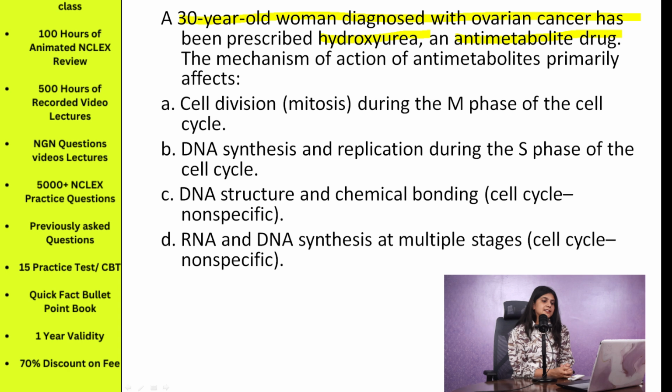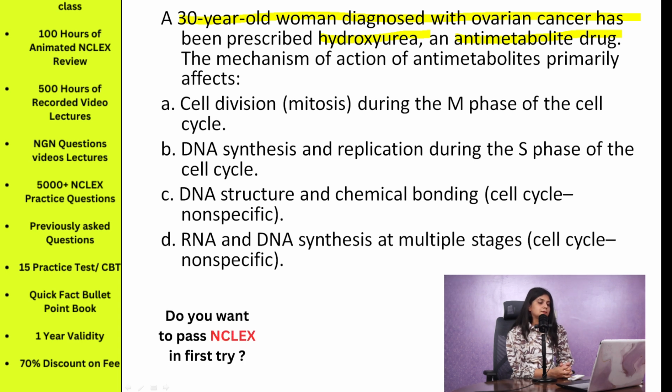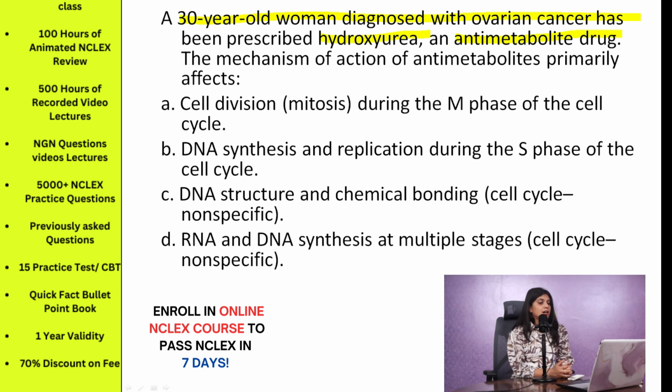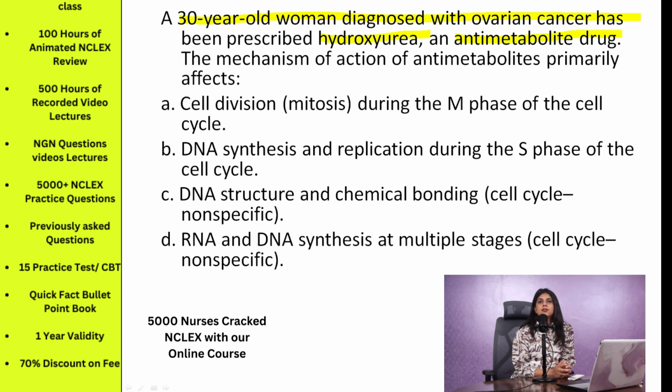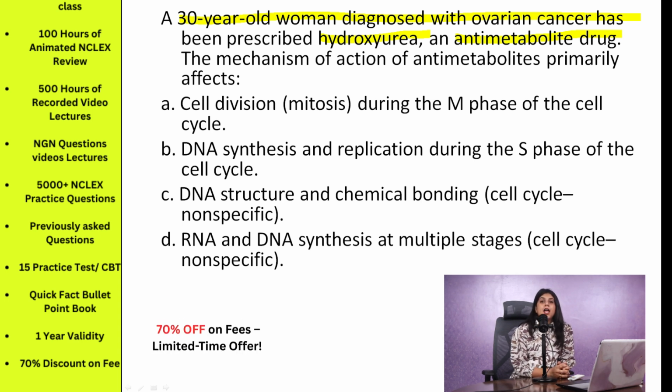B. DNA synthesis and replication during the S phase of the cell cycle. C. DNA structure and chemical bonding, cell cycle nonspecific. D. RNA and DNA synthesis at multiple stages, cell cycle nonspecific. Answer B. Rationale.